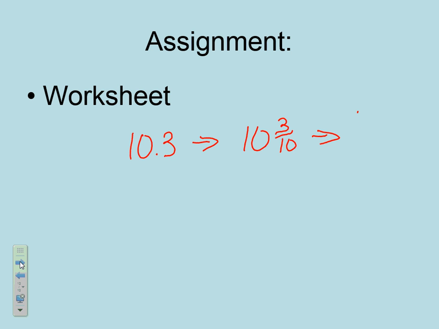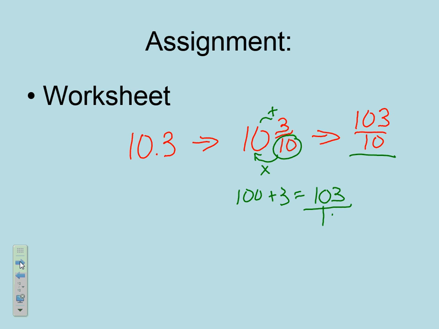So it's going to be 103 over 10. To change to an improper fraction, you take this times this, so you would get 100, and then you have to add the 3. So you get 103 over 10.